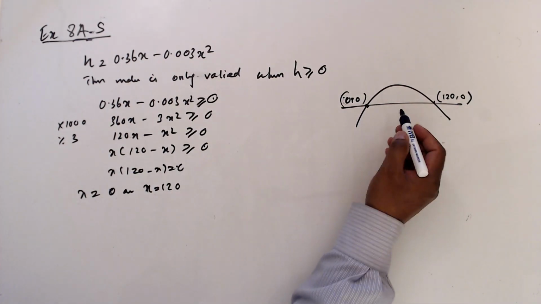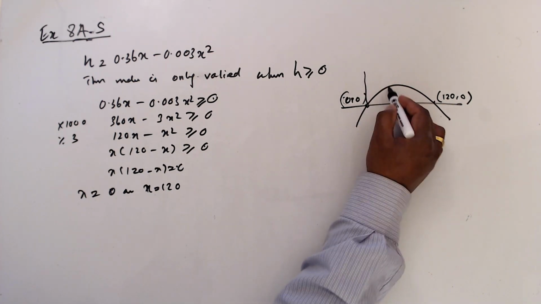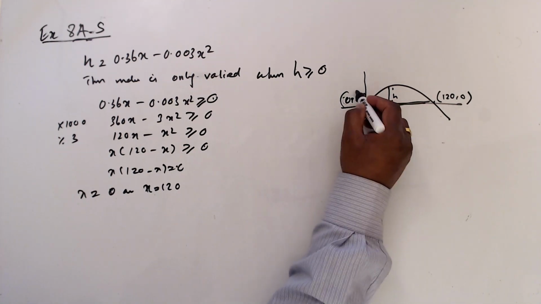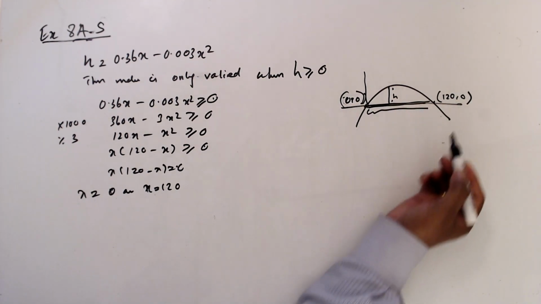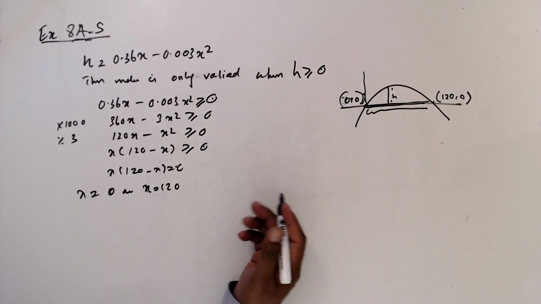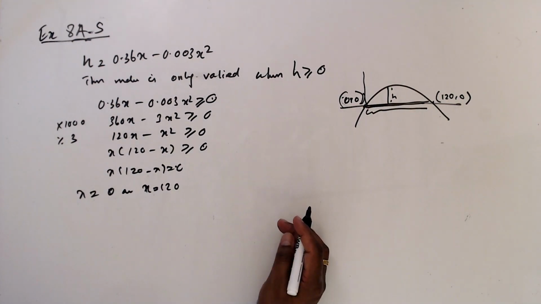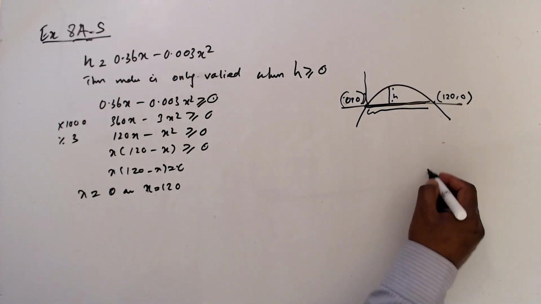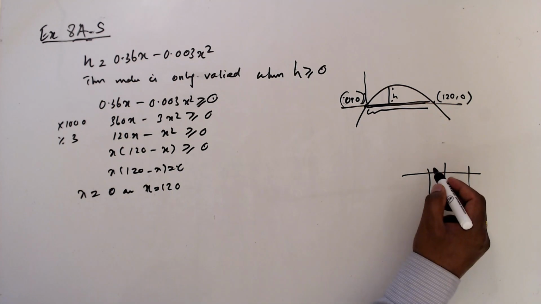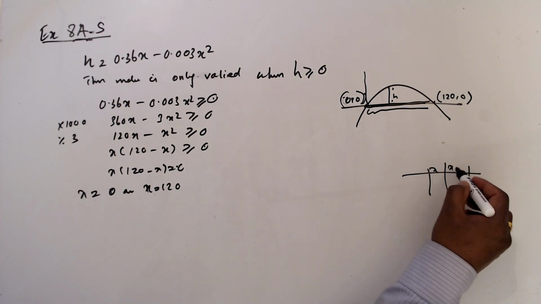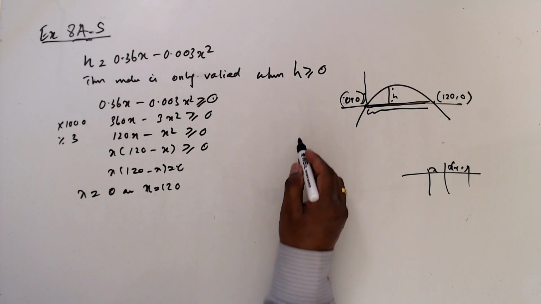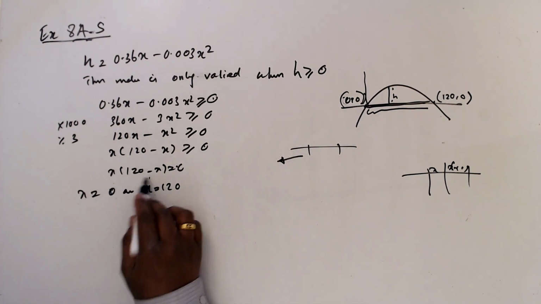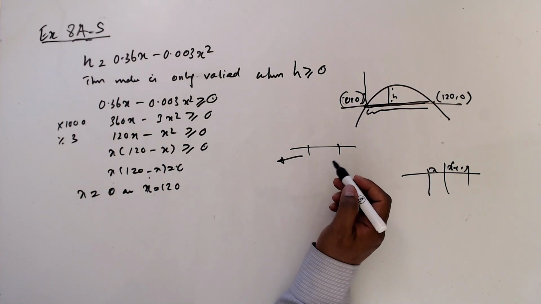And when you look at it, we know that the h value is this height, so h is greater than or equal to 0 during this time. We can draw the graph and show that inequality, or we can work it out; you can remember that we work with two different ways.